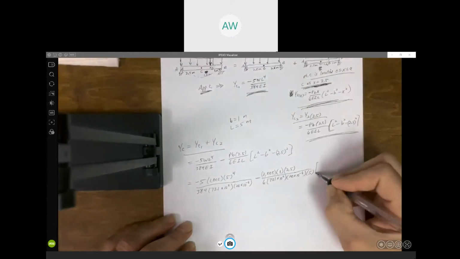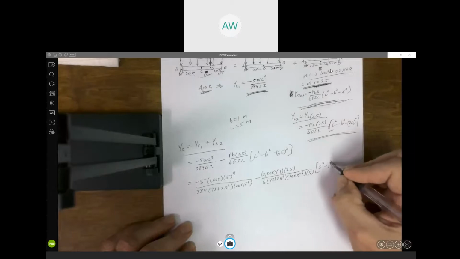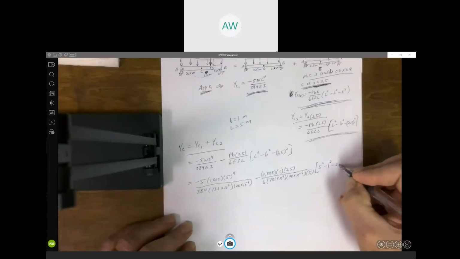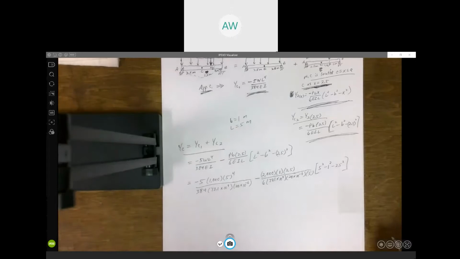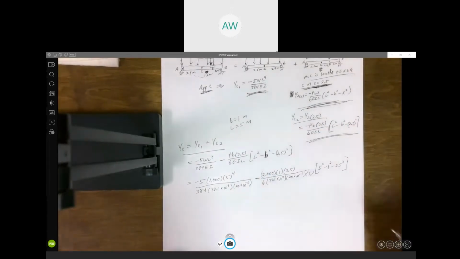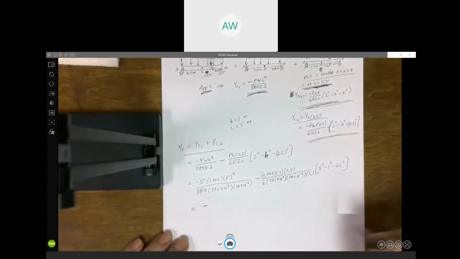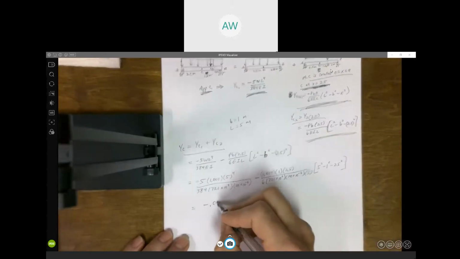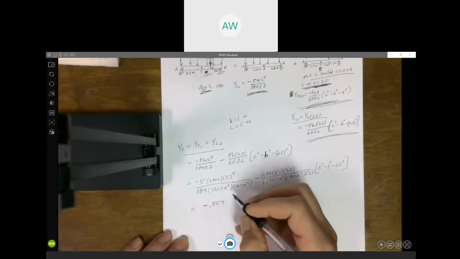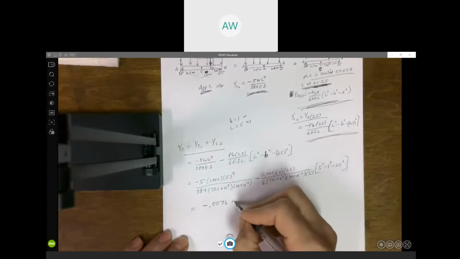And we're going to multiply that times 5 squared minus 1 squared minus 2.5 squared. Looks like a 6. That's a B. And then you pull out your calculator and crunch the numbers. And obviously, we're going to get a negative. This thing's moving down. And I got 0.00759 something. Let's just go 0.76 meters.